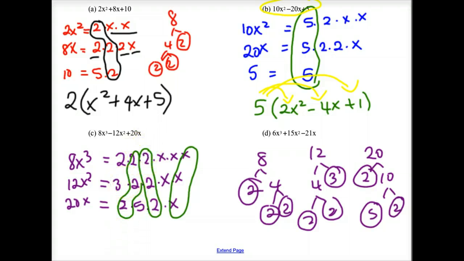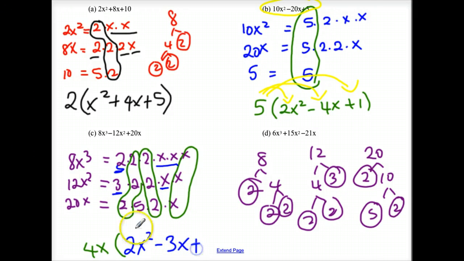So when they have two 2's in common, remember I said you multiply this. So it becomes 2 times 2, which is 4, and they have an x. What's left over? Let's use a different color so we can see what's left over. I see a 2, and then I have two x's, so that's 2x squared minus a 3 and an x, 3x, plus, and then what is left over? 5.